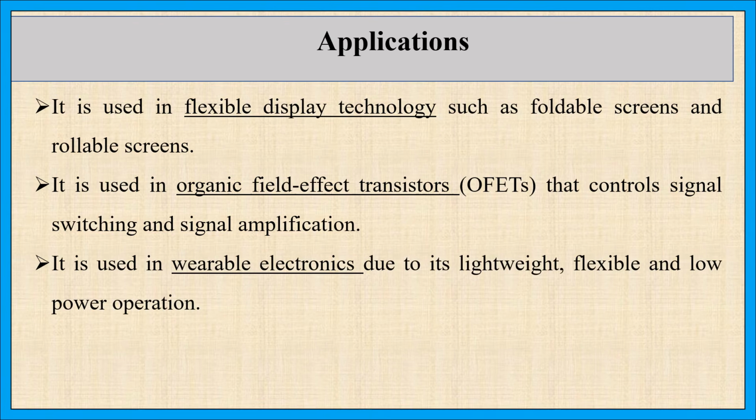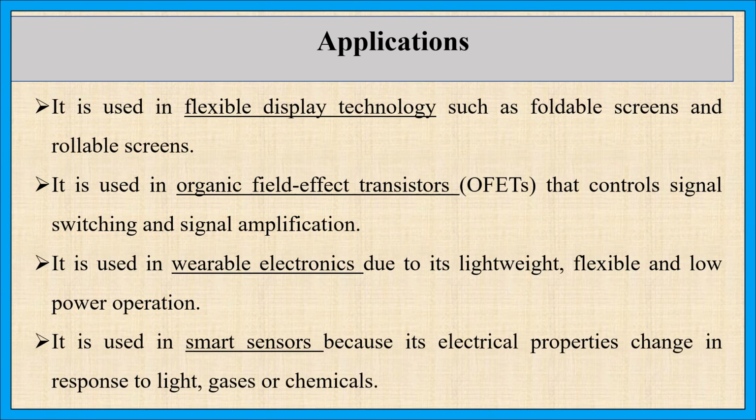It is also used in wearable electronics due to its lightweight, flexible and low power operation. And one more application is it is used in smart sensors because its electrical properties change in response to light, gases or chemicals. This is about Pentacene semiconductor chip.